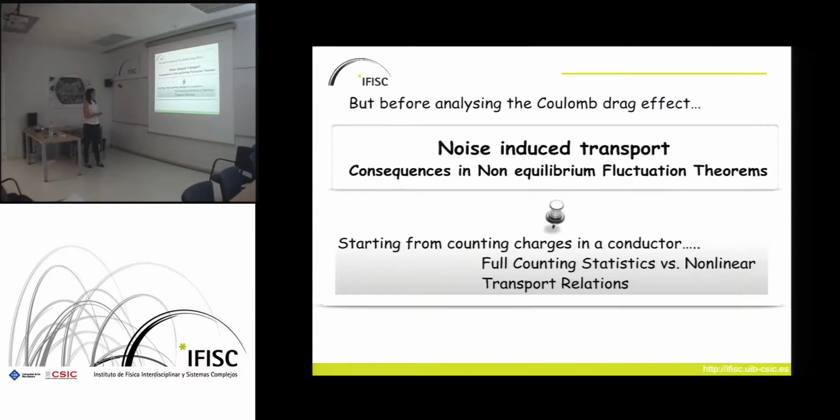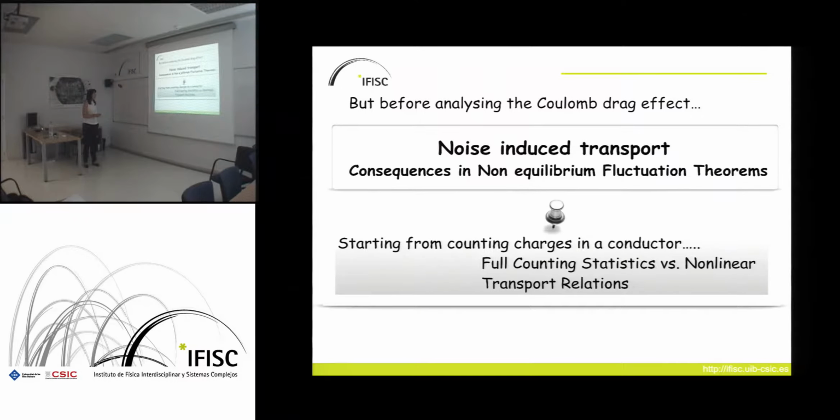Before entering the experiment, I'm going to tell you some of the consequences of having systems in which you can induce transport by noise. One of these consequences arises when you try to investigate what are called the non-equilibrium fluctuation theorems.